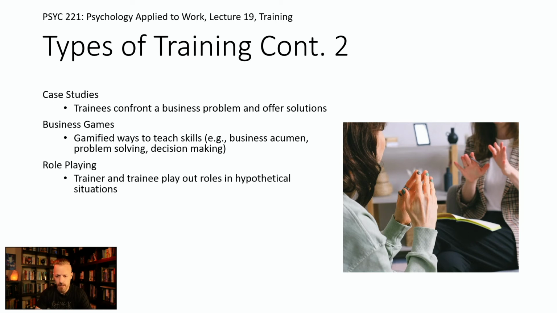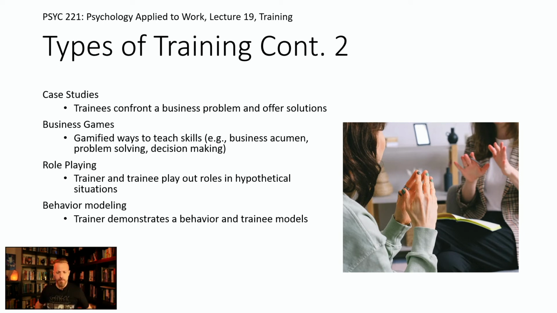There's role playing, where the trainer and the trainee basically mock up situations to learn in a hypothetical environment. There's behavior modeling, where the trainer will basically demonstrate something. It might be demonstrating a behavior: here's how to act in a more professional way, and here's how you facilitate a business meeting, and then you'd have the trainee attempt to model that.